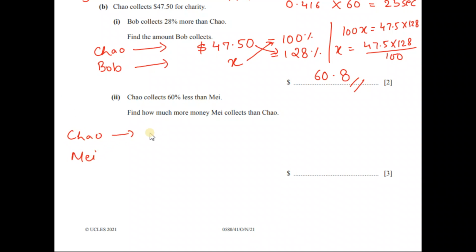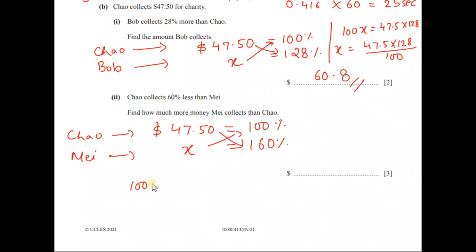So this time I'll compare Chow with me. Chow had collected $47.5, and that was 100%. Now me had collected x dollars, which is basically 160%. We can just do cross multiplication.